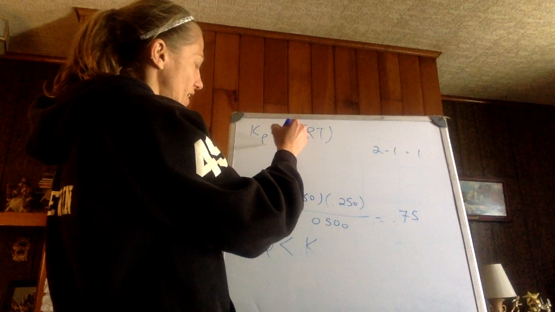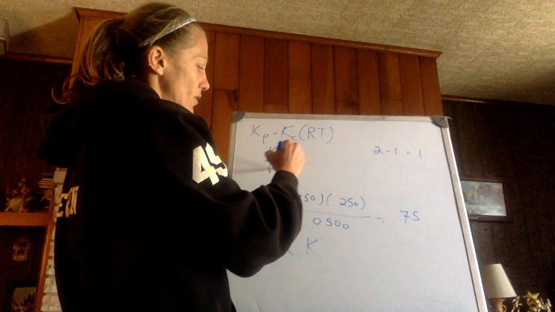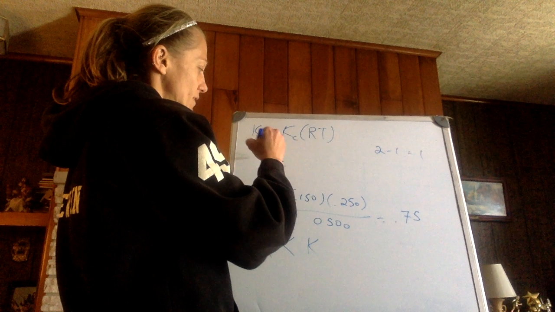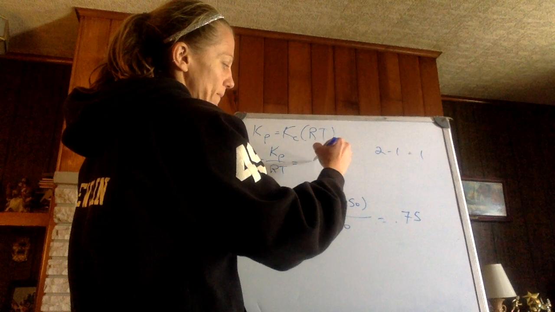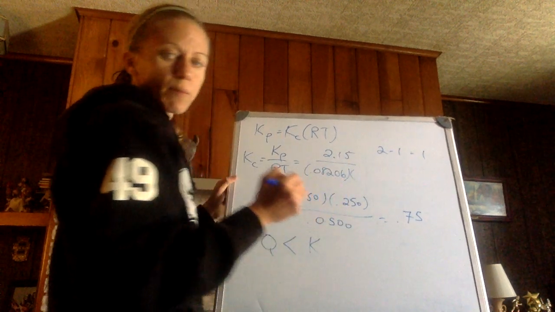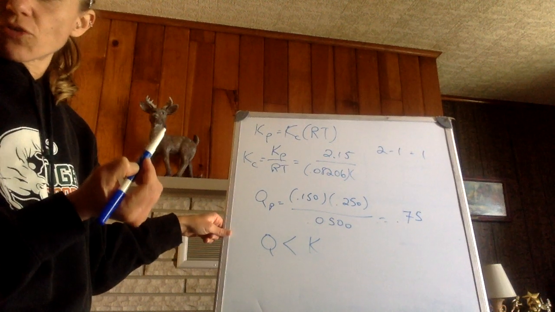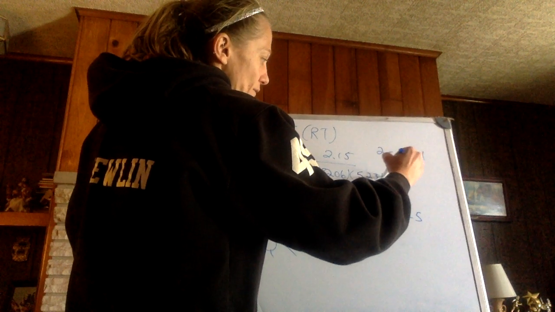It looks like then, if I wanted Kc by itself, I'd get Kp over RT for Kc. So 2.15 over 0.08206, and my temperature was 250 degrees Celsius, or 523 Kelvin.